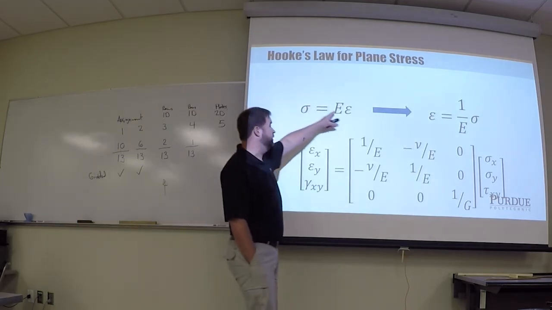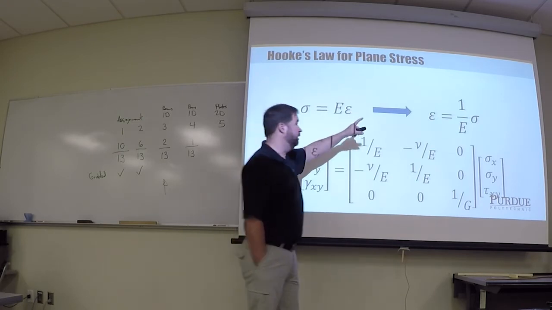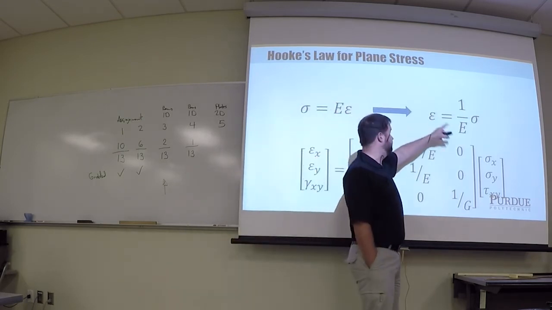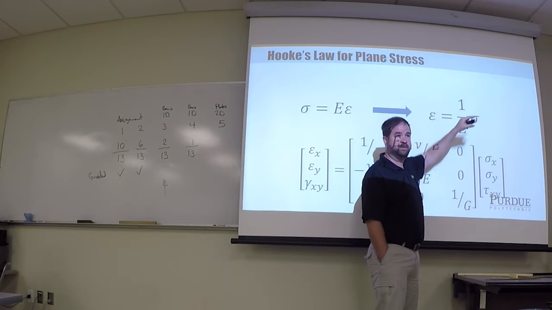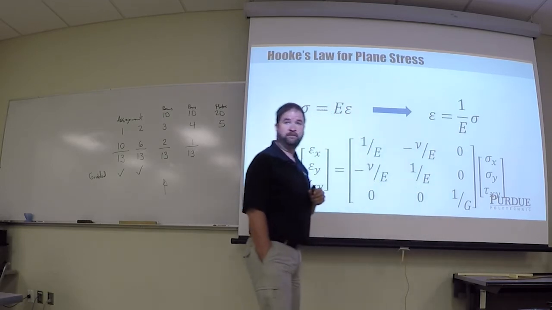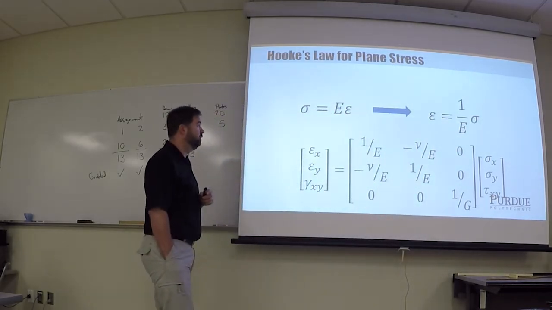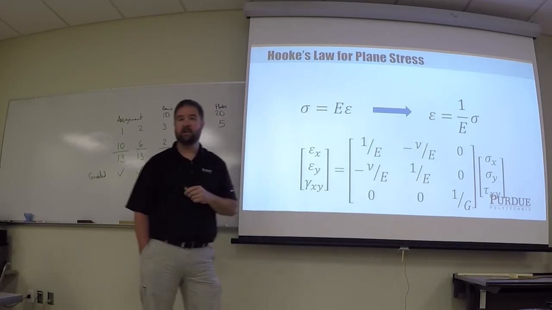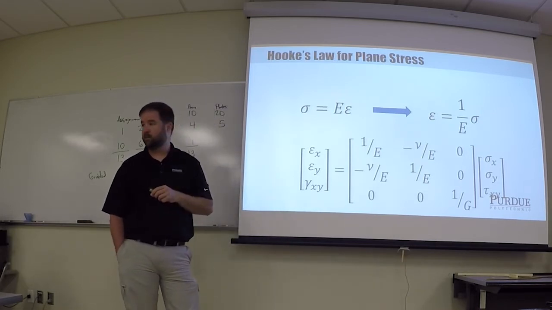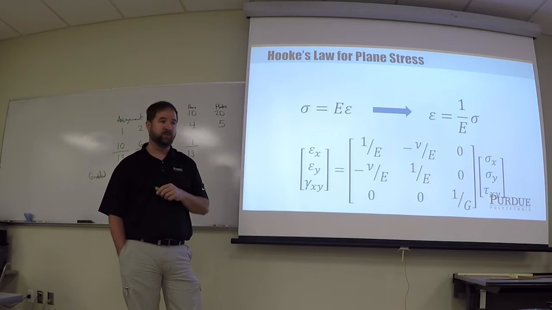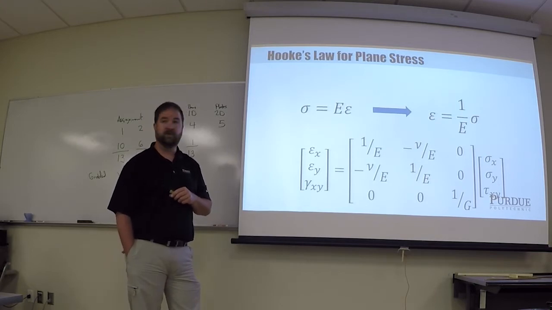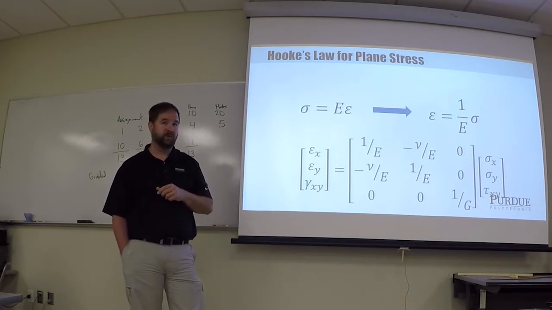So stress is equal to modulus of elasticity times strain. If we want to rearrange that, we can say strain is equal to 1 over modulus of elasticity times stress. Okay? Back in 211, we used that equation. And we always were doing one-dimensional stuff. And so we just have a simple linear algebraic equation that expresses those things.